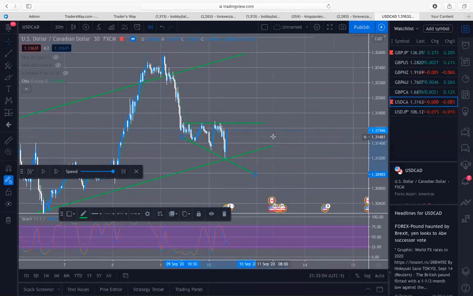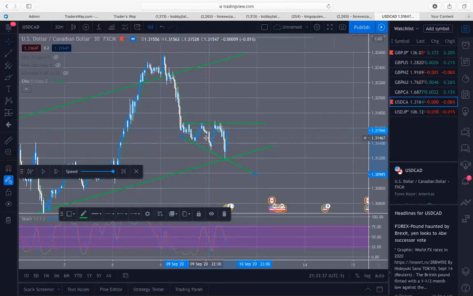During this correction, you don't see higher highs or higher lows. You can see that these highs are pretty much even, and then we're having lower lows. If you don't have lower highs and lower lows, it is not a downtrend. That's how we can know this is not a downtrend, but a corrective pattern.